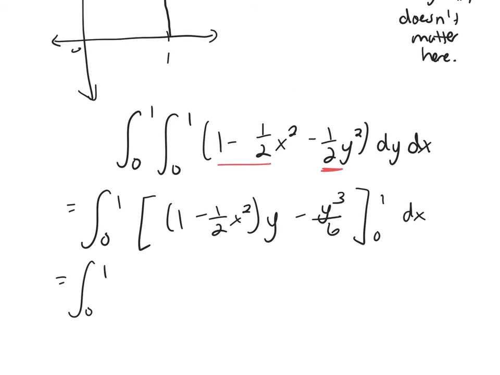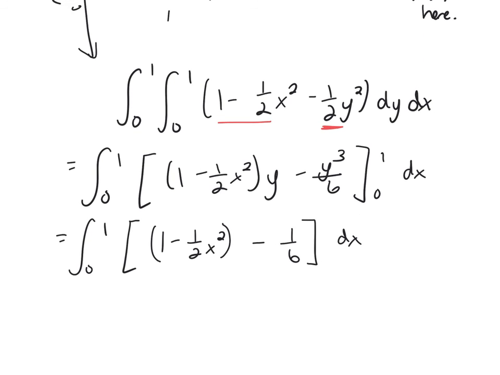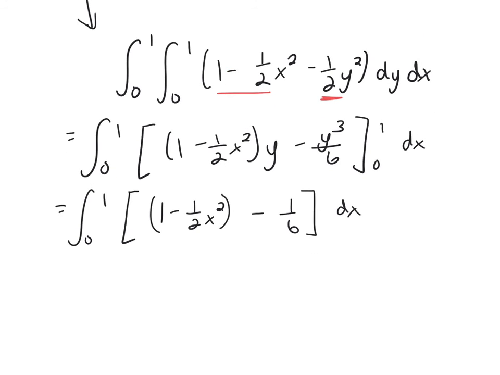So if I plug in 1, you're going to get 1 minus 1/2 x squared minus 1/6. If you plug in 0, you'll get 0 for everything. So now I'm going to simplify 1 minus 1/6. That's 5/6.